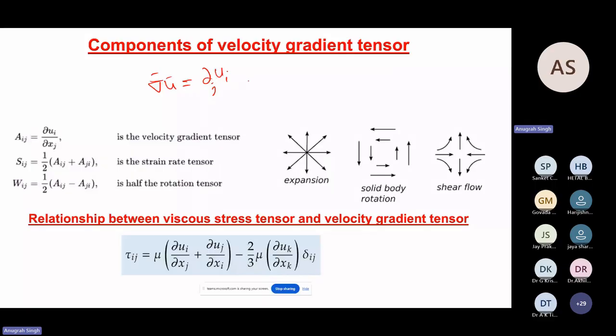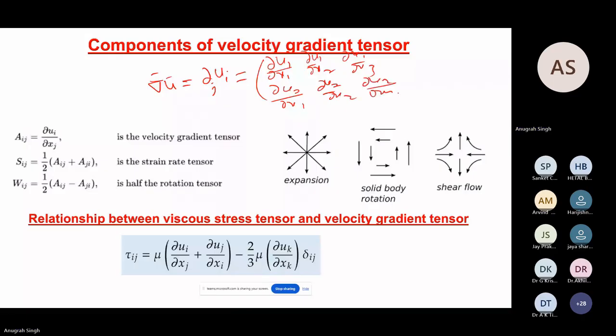So again, ij, you'll have nine components. You can write del u1 by del x1, del u1 by del x2, del u1 by del x3, and del u2 by del x1, del u2 by del x2, del u2 by del x3, and del u3 by del x1, del u3 by del x2, del u3 by del x3. These are the nine components.